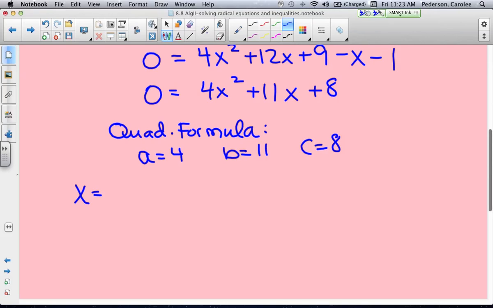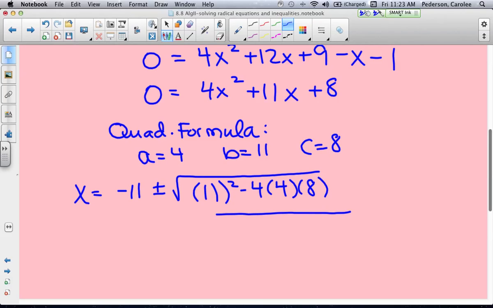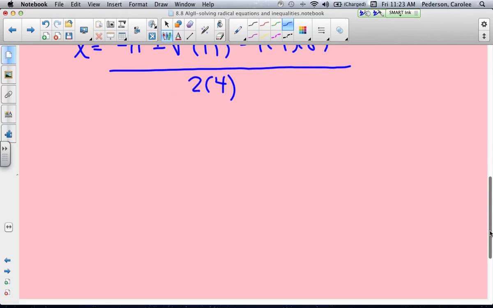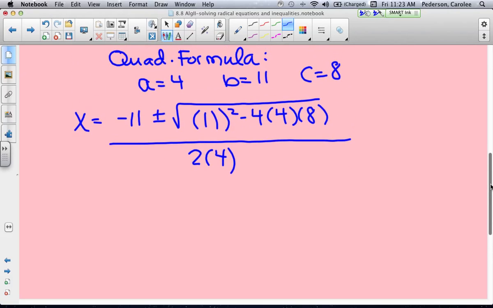X equals negative B plus or minus the square root of B squared minus 4AC, all over 2A. And now you need to simplify that equation for x to find your x.